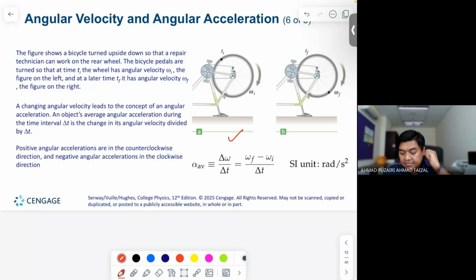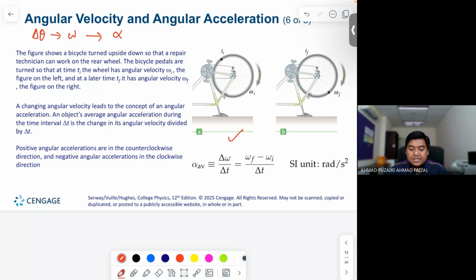A changing angular velocity leads to the concept of angular acceleration. From angular displacement we get omega, and from angular velocity we get alpha, which we call angular acceleration.